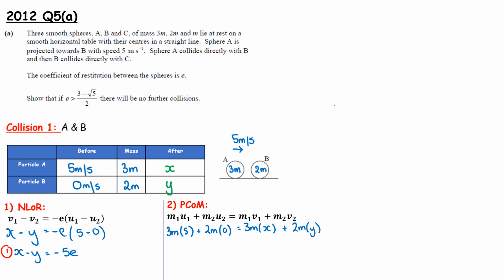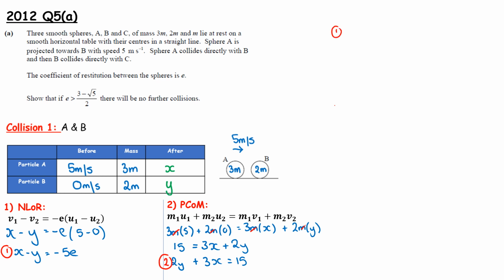The m's here, because they're in each term, will cancel out, and we get 15 is equal to 3x plus 2y. I'm going to flip that around: 2y plus 3x is equal to 15, and that becomes equation 2.